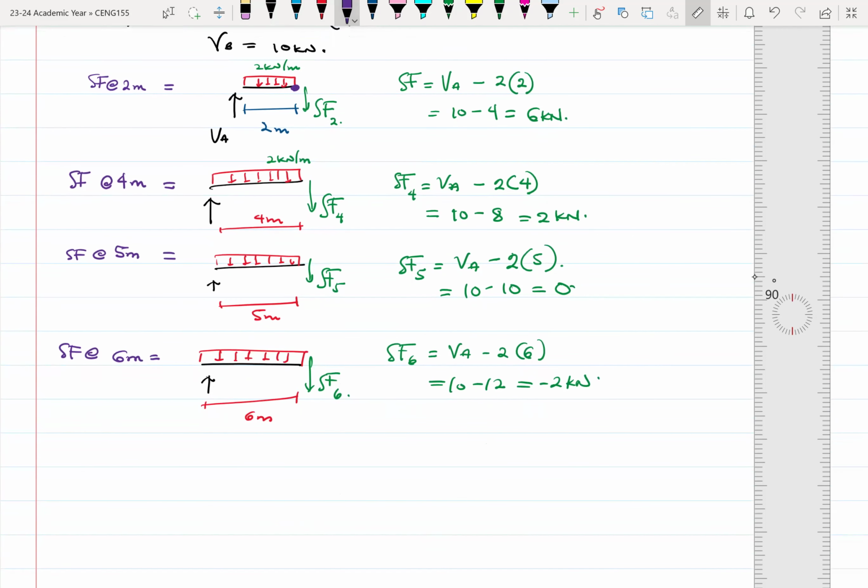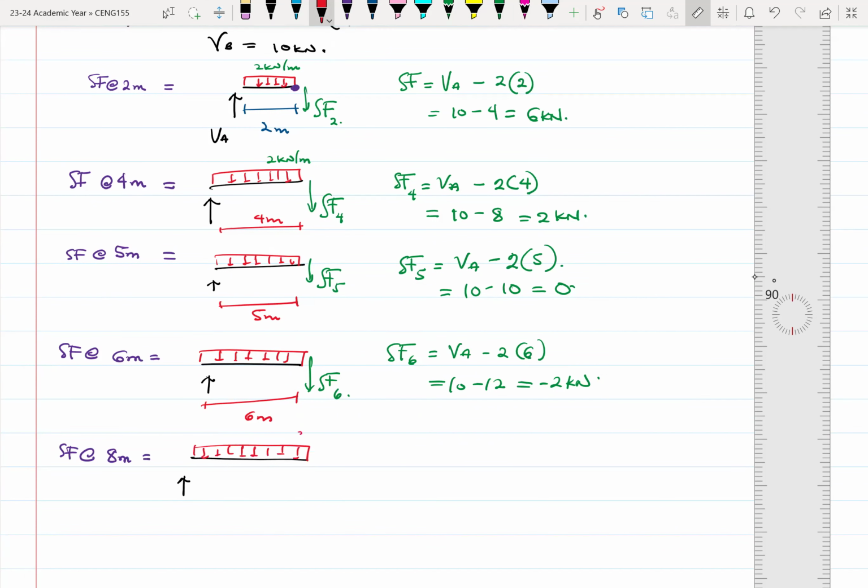Now let's do one more. Shear force at 8 meters. Again, take our section. Again, we have our UDL on it.